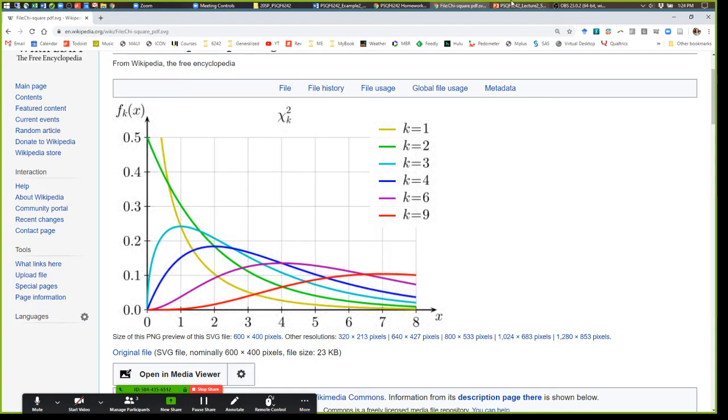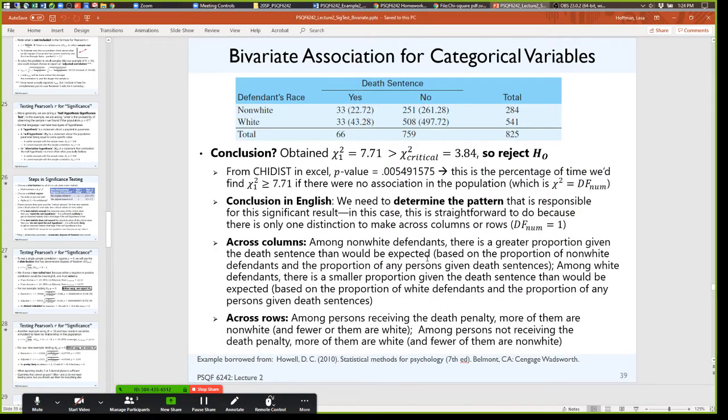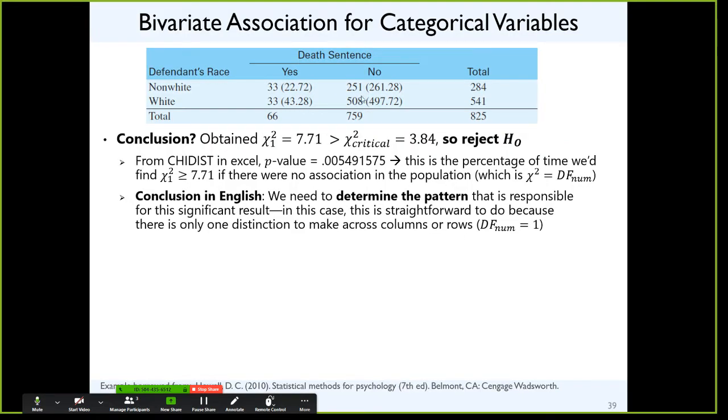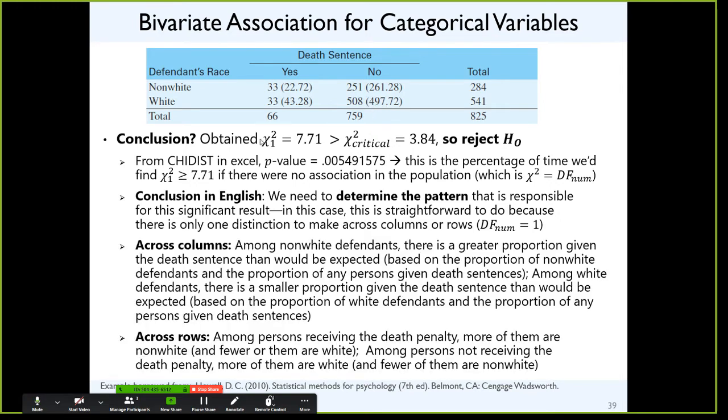Yeah, thank you. So the way that we would determine the pattern, homework question, is to look at the differences between the expected and unexpected. The pattern here, if I just focus on, say, one cell among non-white defendants, for this right here, 33 versus 251, there is a greater proportion of non-white defendants given the death sentence than expected.